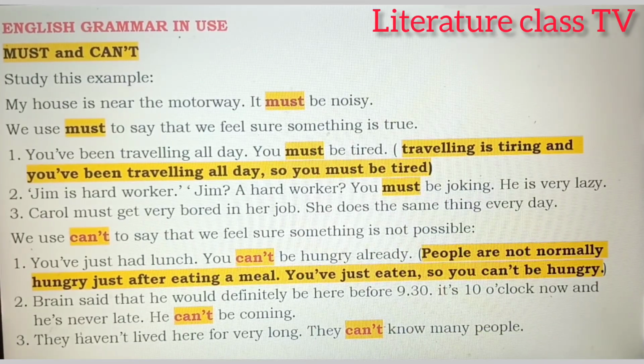I think that it is very clear, my friend. They haven't lived here for very long. They can't know many people. It can't be possible that they know many people because they haven't lived here for a very long time.